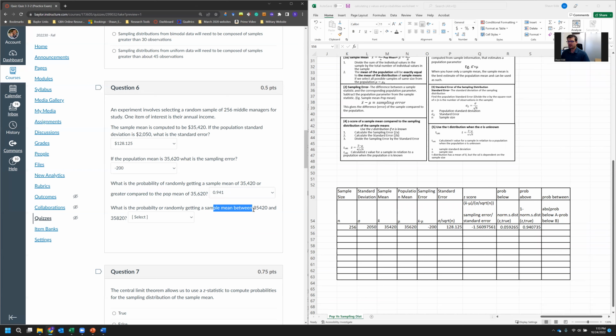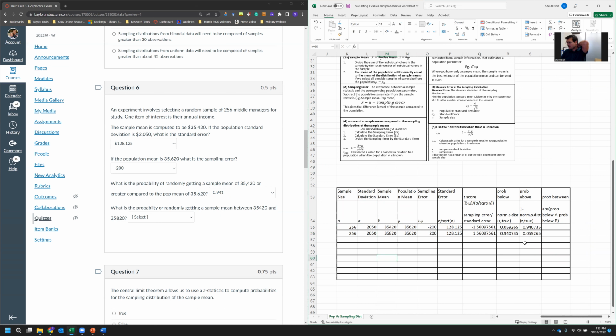The probability of randomly getting a sample mean between 35,420 and 35,820. We're going to do the exact same thing, Control C, Control V. The only difference is we're changing the sample mean. The first one is 35,420. The second one is 35,820.